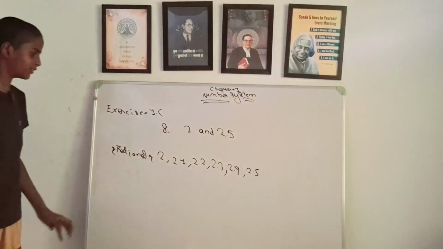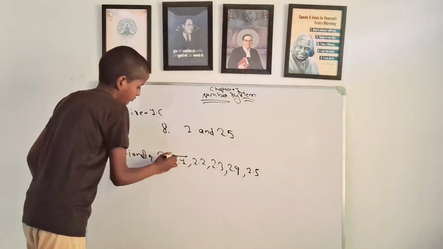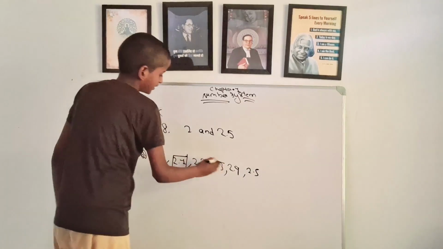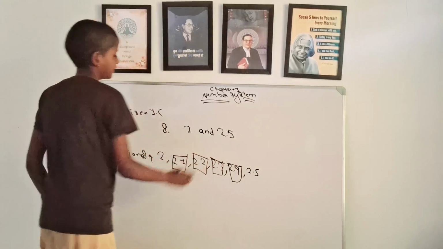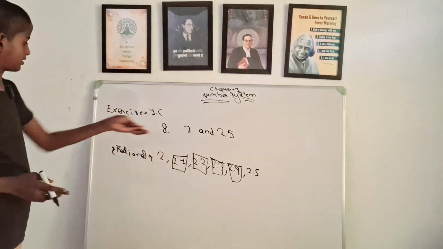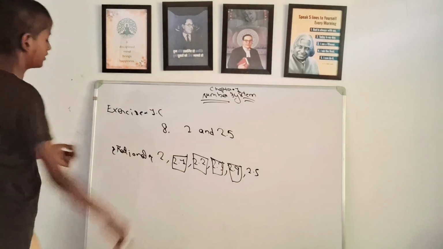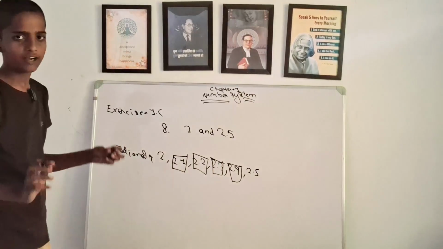But we have to choose only one number. So we can choose 2.1 or 2.3, 2.4 or 2.2. There are four numbers, and we can choose one number in this answer. And after that we can find an irrational number.